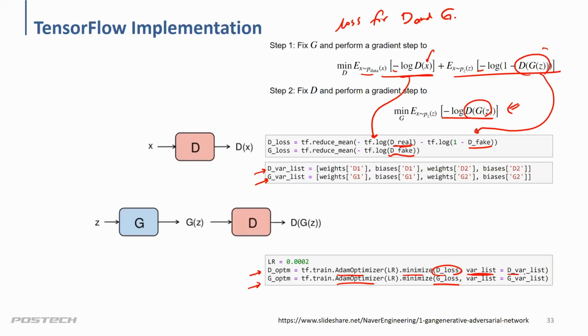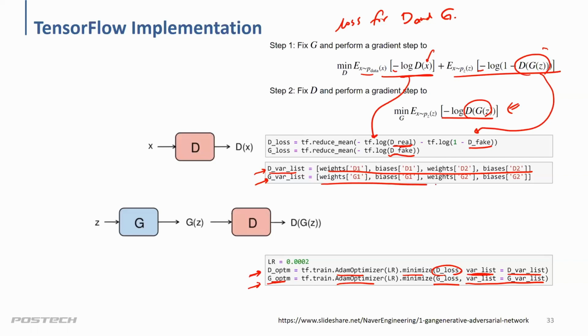These are the only TF variables that I'm going to update for the discriminator. And when you optimize the generator, this will be the generator variable list.